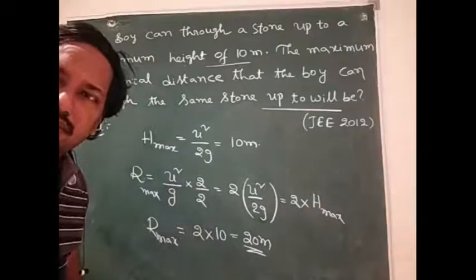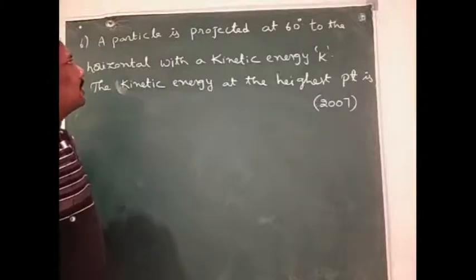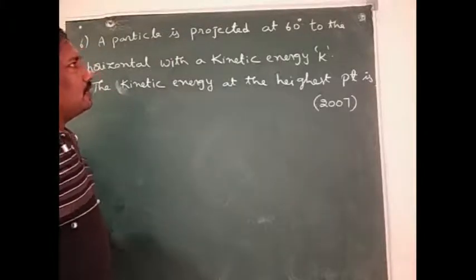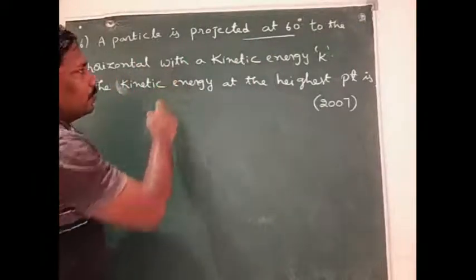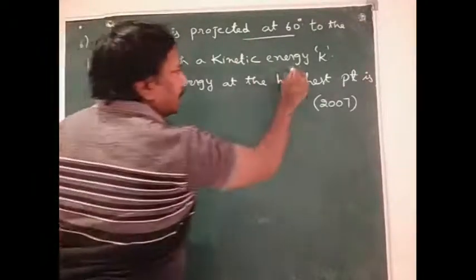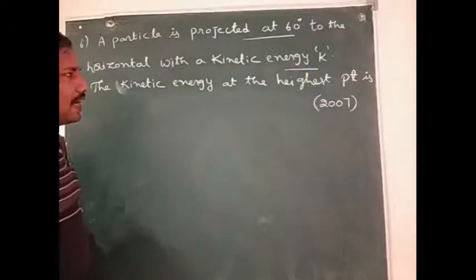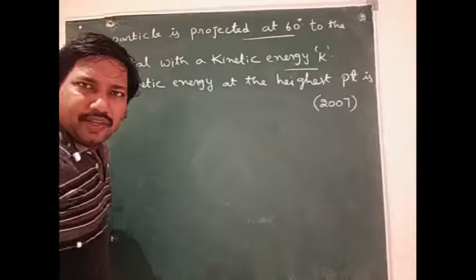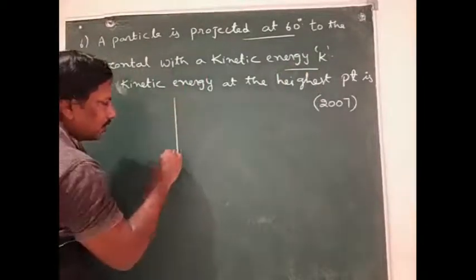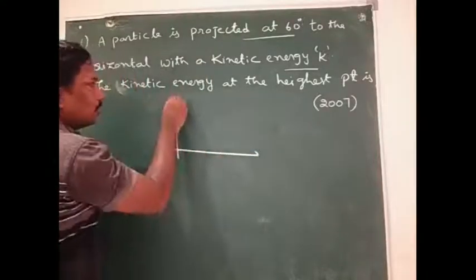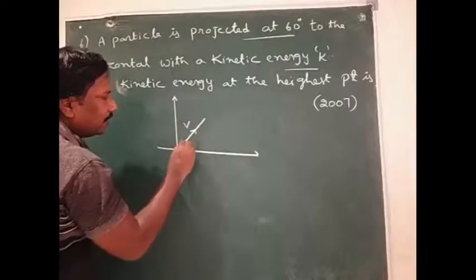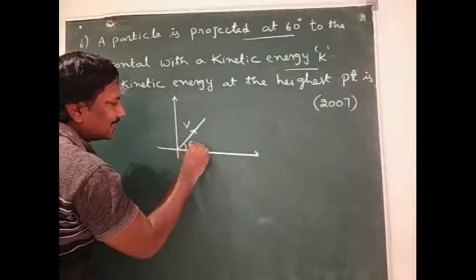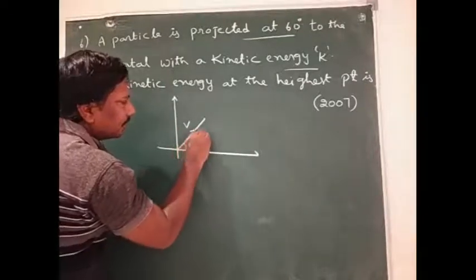This is the answer. Problem number 6. A particle is projected at 60 degrees to the horizontal with a kinetic energy K. What is the kinetic energy at the highest point? Here, when a body is projected with velocity v, the projection angle is 60 degrees.